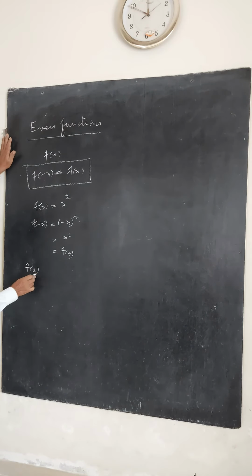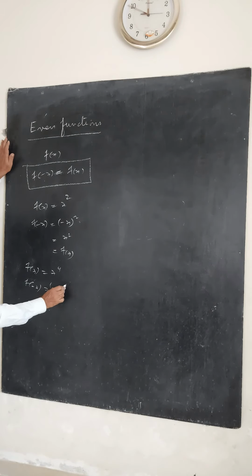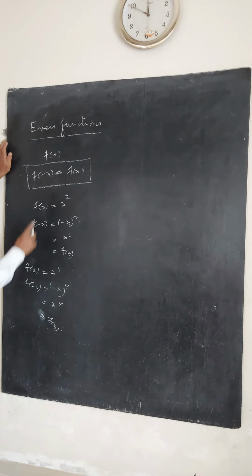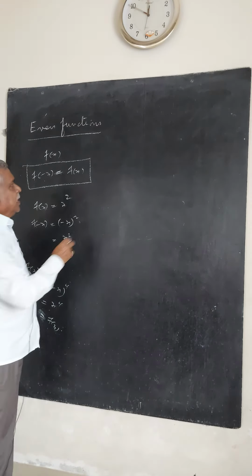Similarly, f of x equal to x power 4. f of minus x equal to minus x whole power 4. Negative whole power 4, 4 times negative, is positive. Therefore, f of x. f of minus x is f of x. This is also an even function.